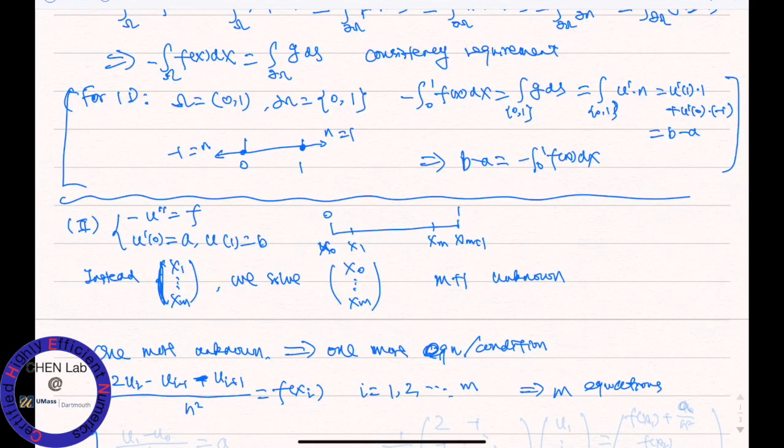One way, as you might imagine, and what we do all the time in finite difference, is to replace the derivative by a divided difference. So u prime at 0, that is u prime at x0, is approximately u1 minus u0 divided by h.